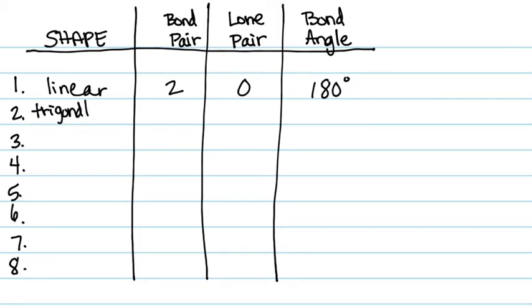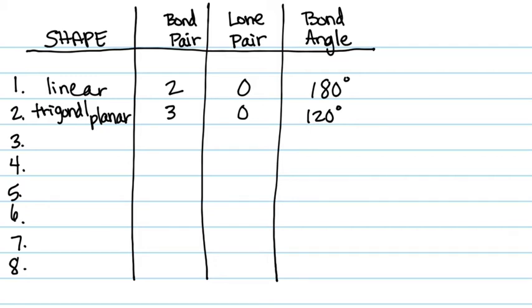And once you know how to draw your Lewis structures, the memorization of shapes is just that. It's memorization. But you have to start with a correct Lewis structure. So this was 3 total pair, no lone pair. And those 3 bonded pair give you a bond angle of 120 degrees.